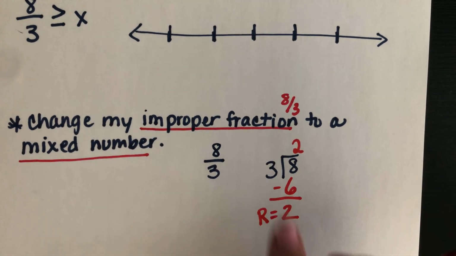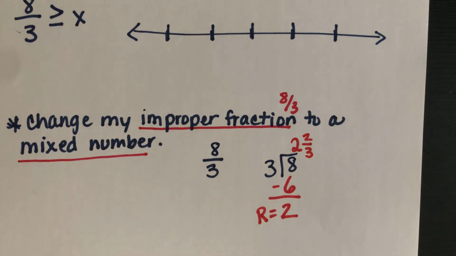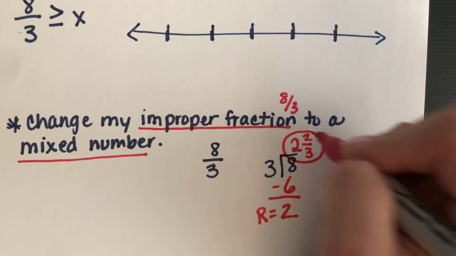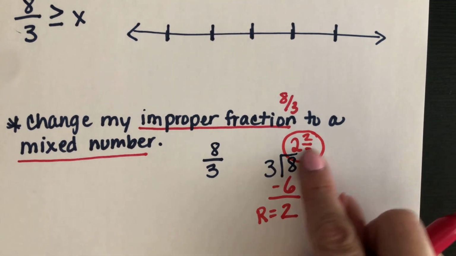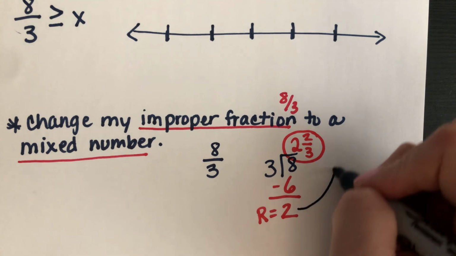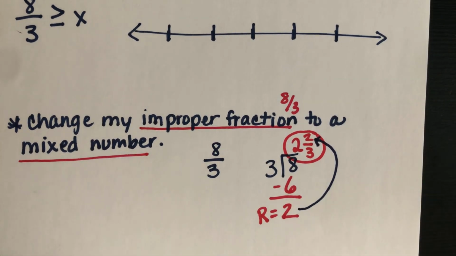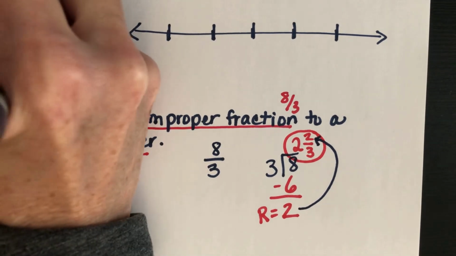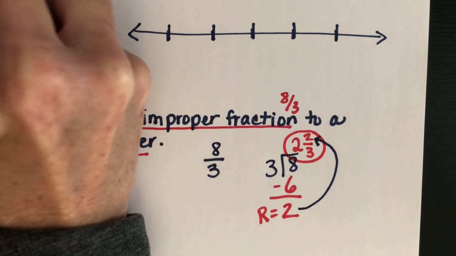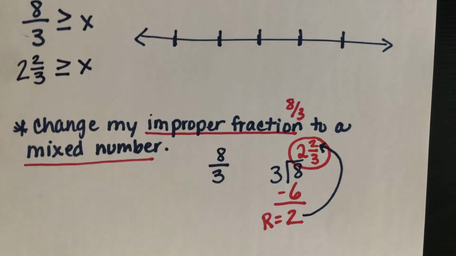So my answer is 2 2/3. That's my mixed number, because I take my 2 whole groups that I made, my remainder of 2 of my 3. So now really I have 2 2/3 is greater than or equal to X.